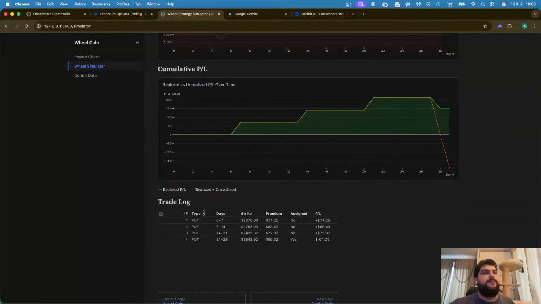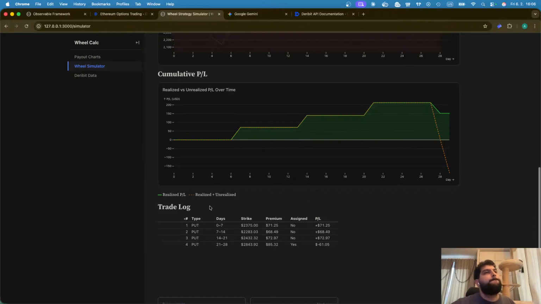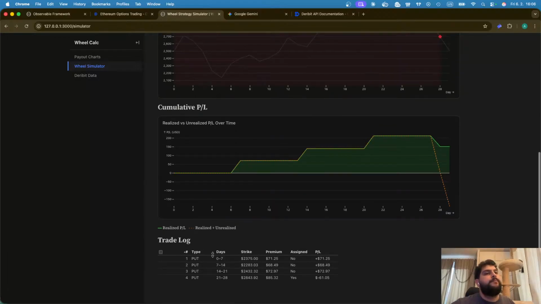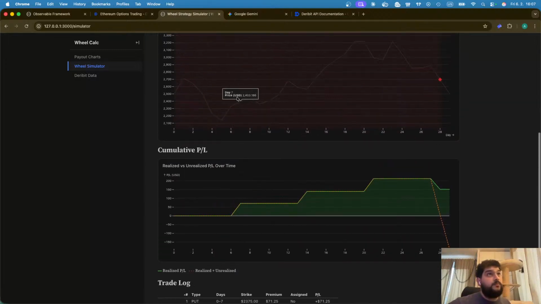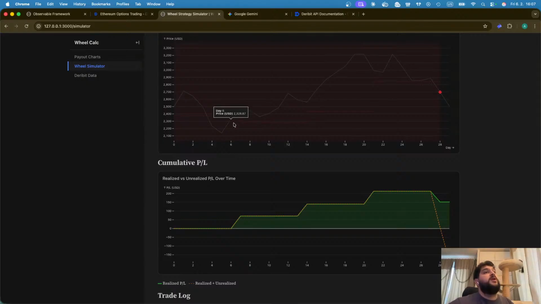So we purchased this one, then the price went up, then the price went down, then the price went up again, and on day 7 the price was a little bit higher, but still it was out of the money, so we did not execute.